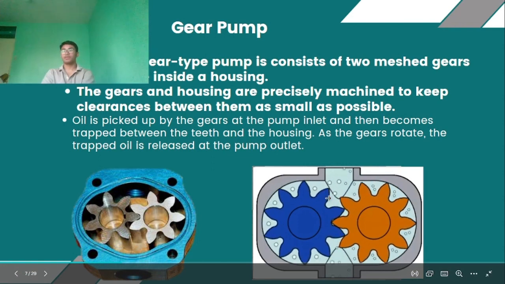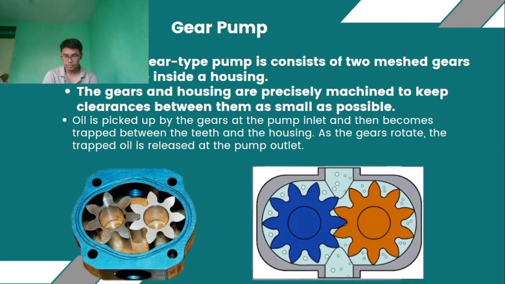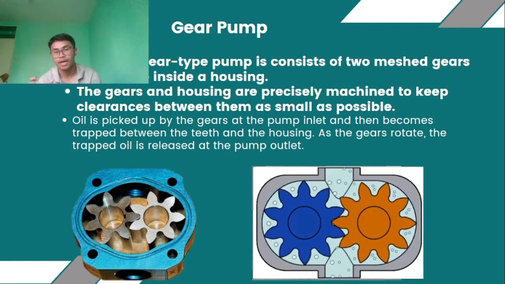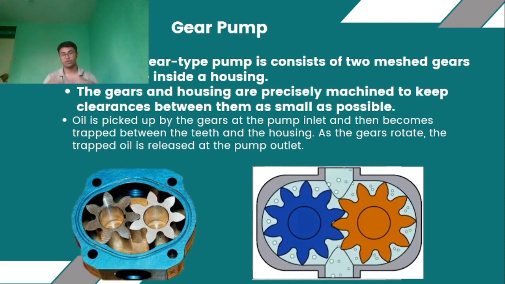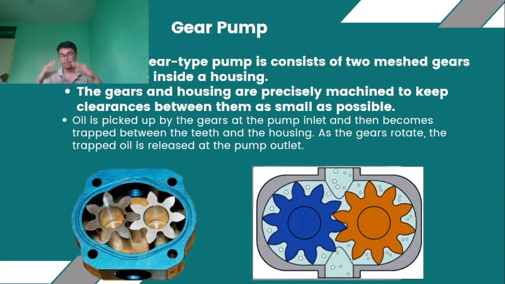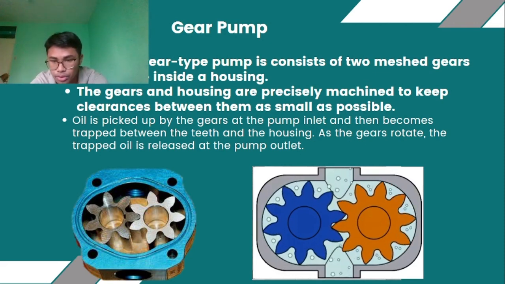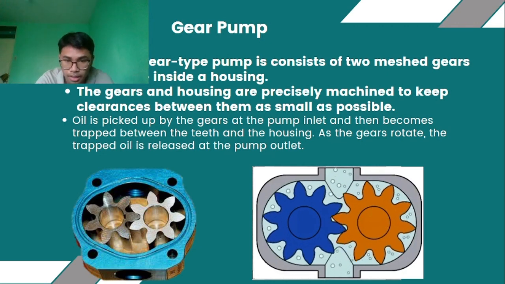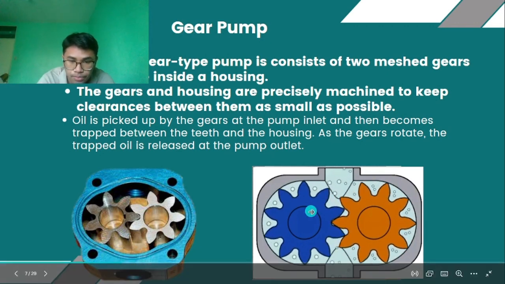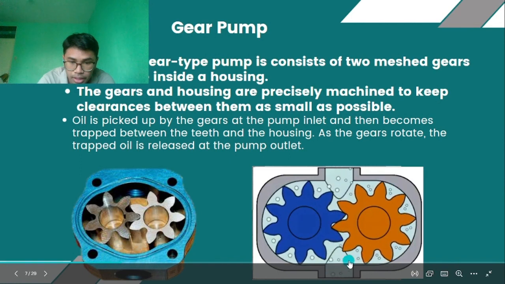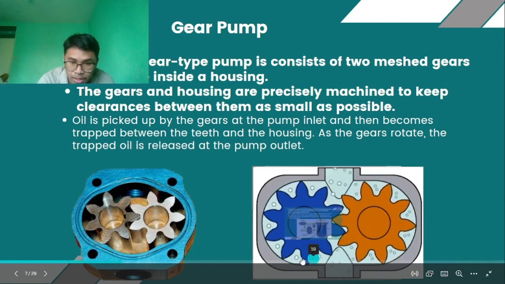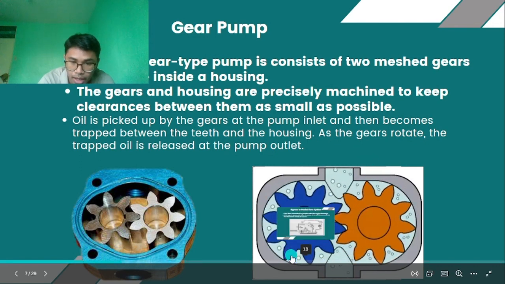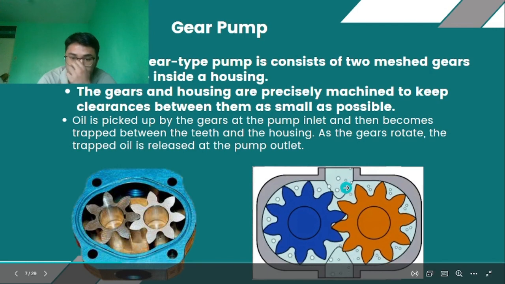What is positive displacement? Yung specific amount of oil lang ang kada revolution. There is a specific amount of oil kada revolution ng ating oil. So, dito, na-enclose niya dito ang ating oil. So, there are certain amount lang yung nakakapasok sa ating pump.